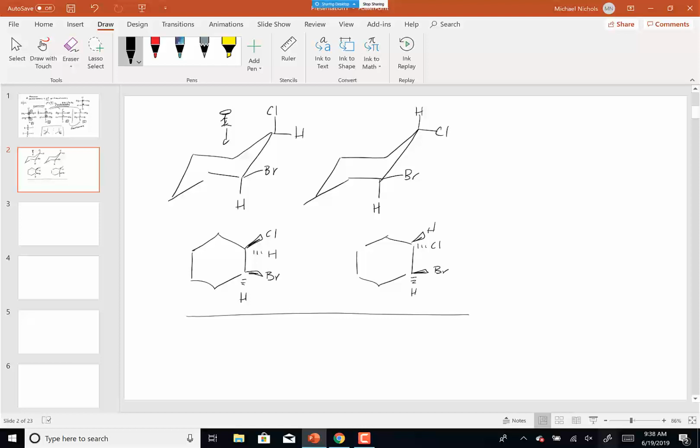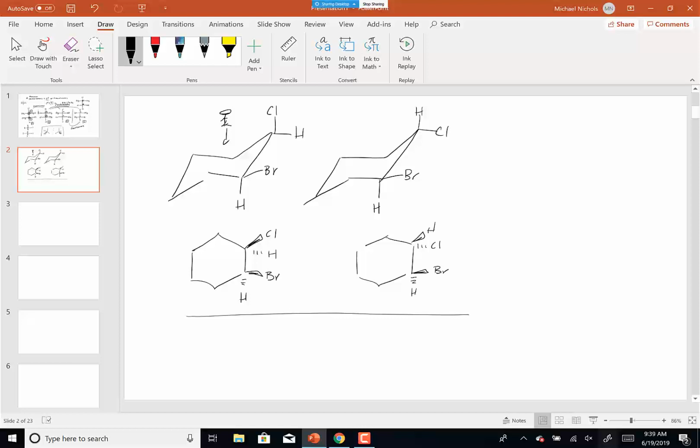Okay, stop right there. So the Cl and the H were flipped or interchanged. What does that mean about their configuration? We have to remember talking about group switching. What happened when we only switched two groups once? The configurations were opposite.